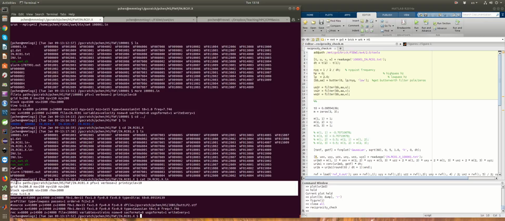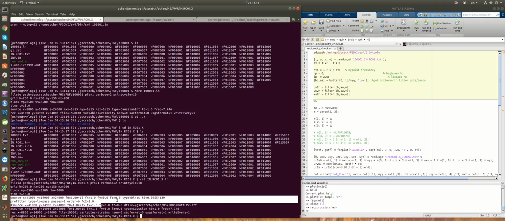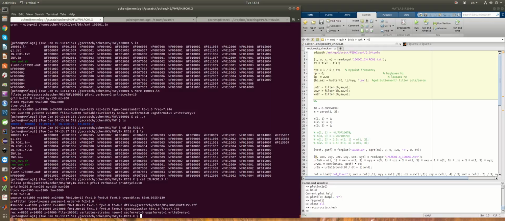There's not much of a difference. The tricky part is in terms of specifying the source and also the pre-filter and also the receiver. So what's going to be the source?